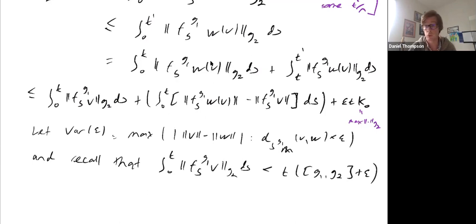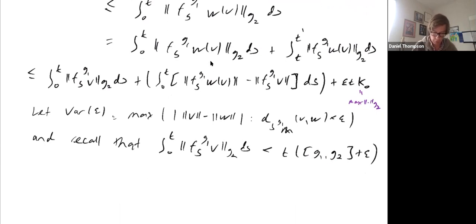That was what we put in at the beginning. That was the property, that these V's, their averages, were capturing this number. So what have I got? That term gets bounded with this. This term gets bounded by this times t. And I've already got this bit of change here.